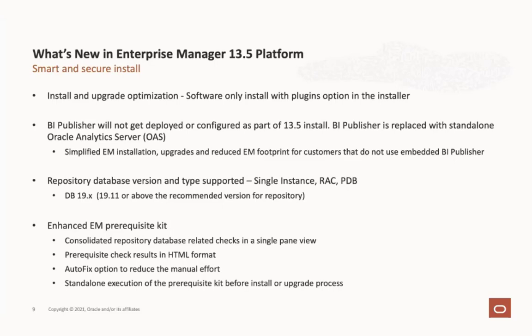The BI Publisher footprint is completely removed, and your OMS has become lightweight with 13.5. We will also talk about how you can upgrade or migrate your existing BI Publisher reports to the new system, called Oracle Analytics Server, which we are introducing in the 13.5 release, in the further slides.